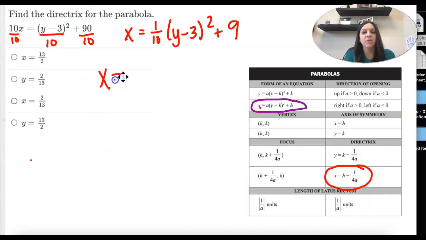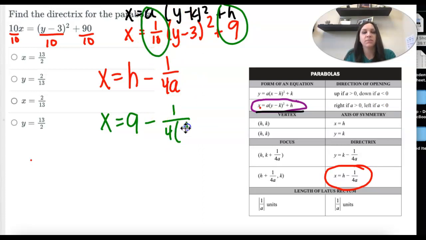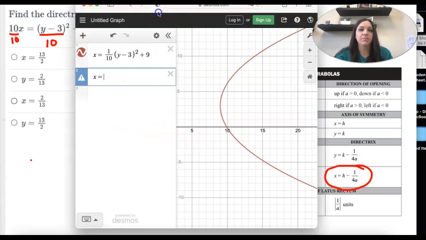So to identify that, we need to know h and a. So I'm going to write our equation right here above. x equals a(y minus k) squared plus h. So h is lined up with 9. a is lined up with 1/10. And then we just get to calculate that.